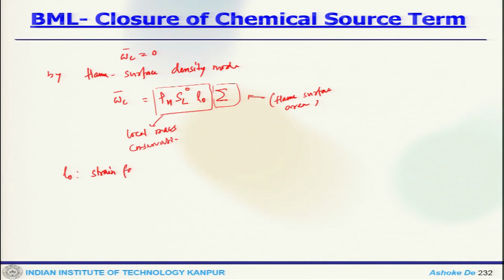is our strain factor, so there is always a local increase in burning velocity by strain. Now, for the flame surface density sigma, there is an algebraic model. So, this is a local mass conservation.